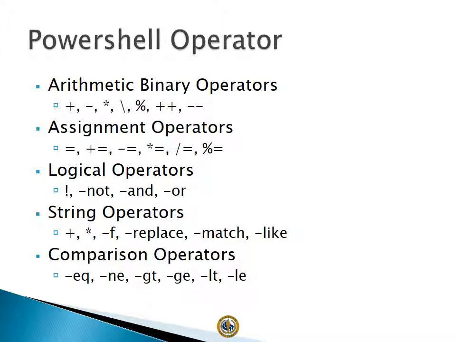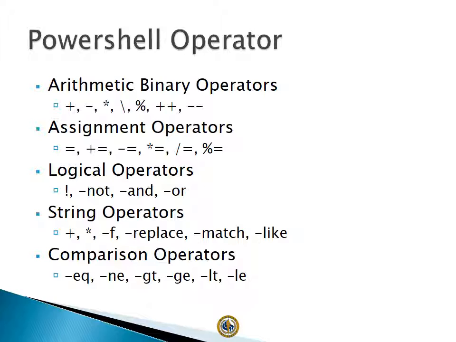Here we'll take a look at PowerShell operators. Firstly, there are arithmetic binary operators as shown here: plus, dash, star, slash, percentage sign, plus plus, and dash dash. There are also assignment operators: equal sign, plus equal, dash equal, star equal, slash equal, percentage sign equal.